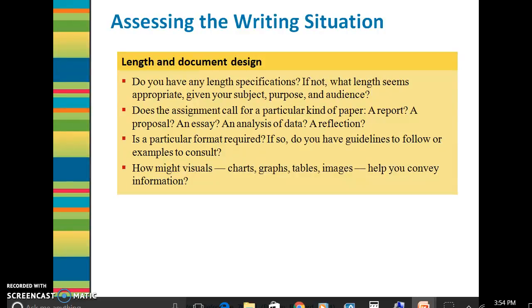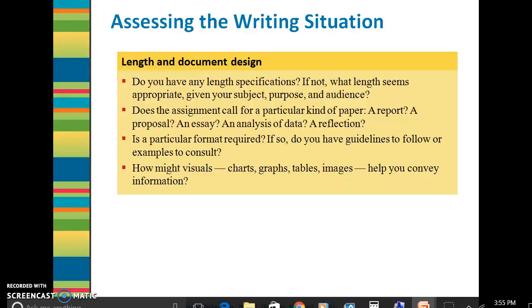For example, a report, a review, a proposal. Is this simply an essay or an analysis of data? Reflection papers are sometimes called for. So the different types of writing call for a different approach. And we'll be looking at some other types of writing than just research papers a little later in the semester.